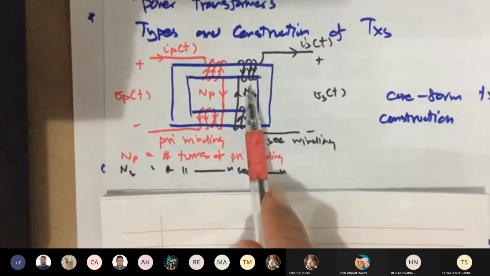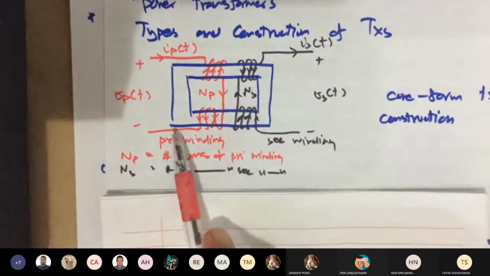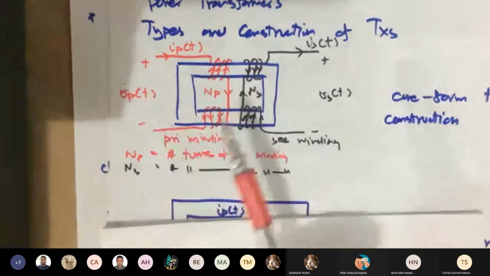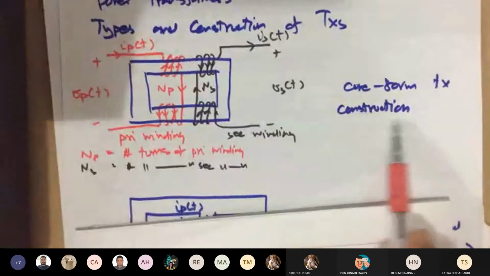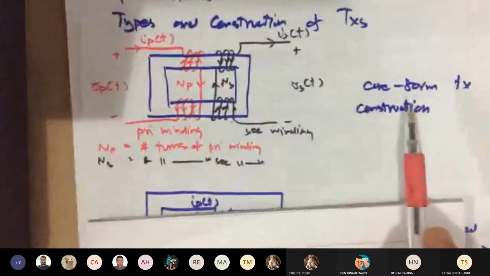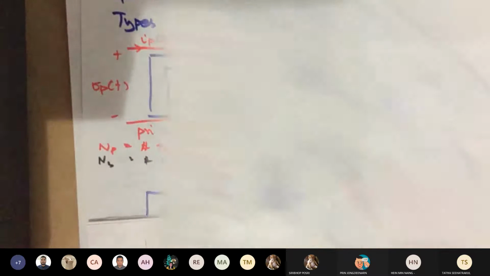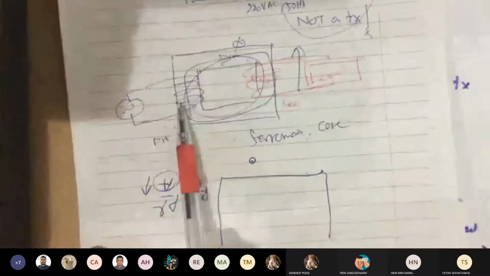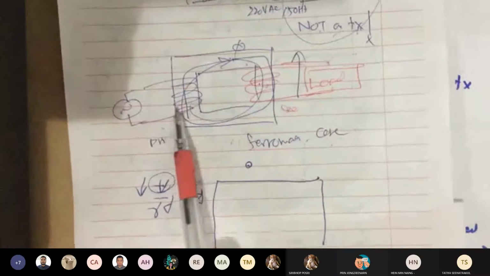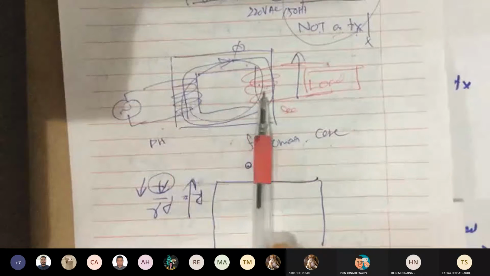No physical connection. Here I'm showing you a basic diagram of what we call a core form transformer. It's very similar to the basic model I drew, but that was just for easy understanding.